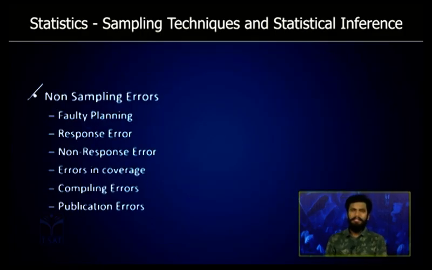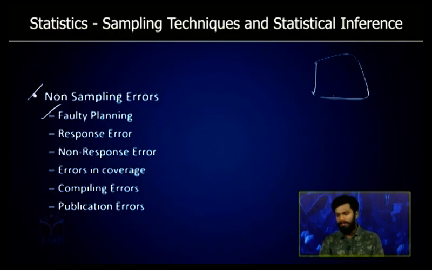Now in the non-sampling errors, the first is faulty planning. Whenever you want to do a sampling, the first thing you have to do is be very perfect about the sampling, about in which geographical area you have to do the sampling, or else which sampling technique you have to use. And also after finding the samples, how we are estimating that sample's statistics to the parameters, and after that how we are generating it.